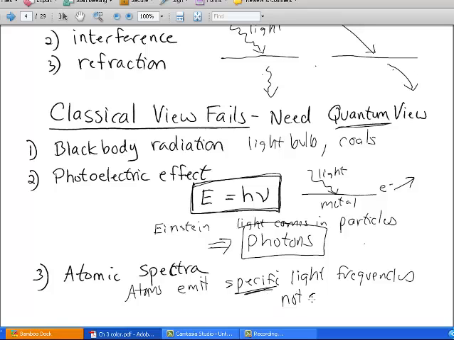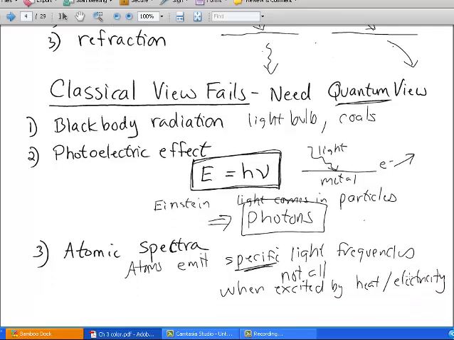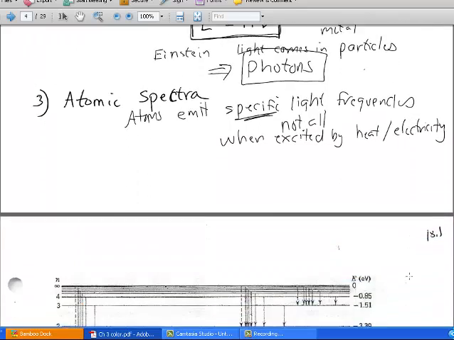And they will do that when they are excited by light, by heat or electricity or other things. And let's see a picture of a spectrum.